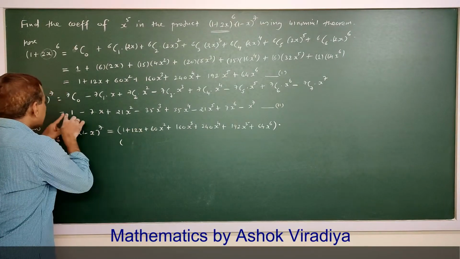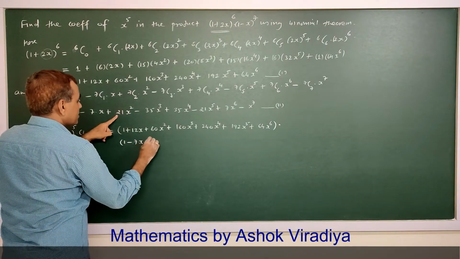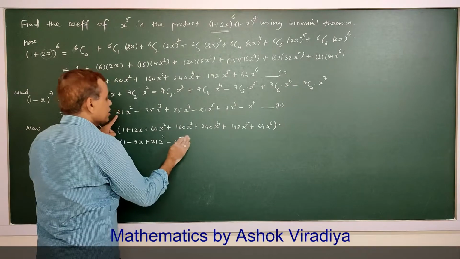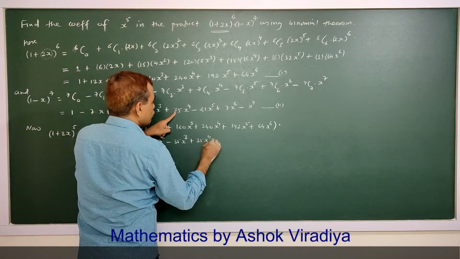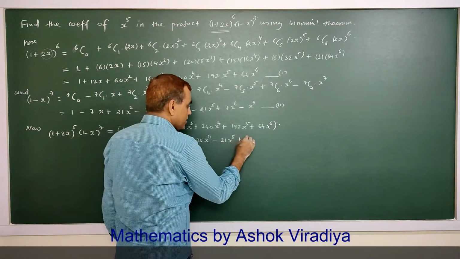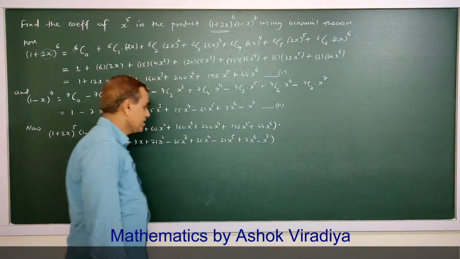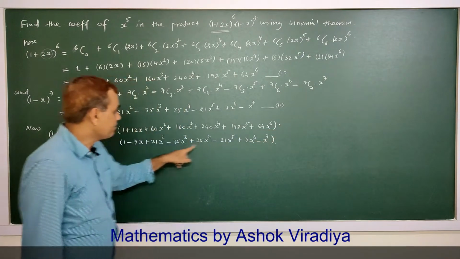So (1 - x) raised to 7 is 1 - 7x + 21x square - 35x cube + 35x raised to 4 - 21x raised to 5 + 7 times x raised to 6 - x raised to 7. So first bracket into second bracket.